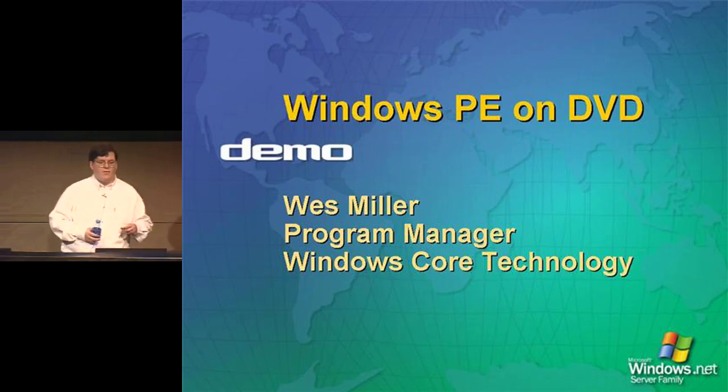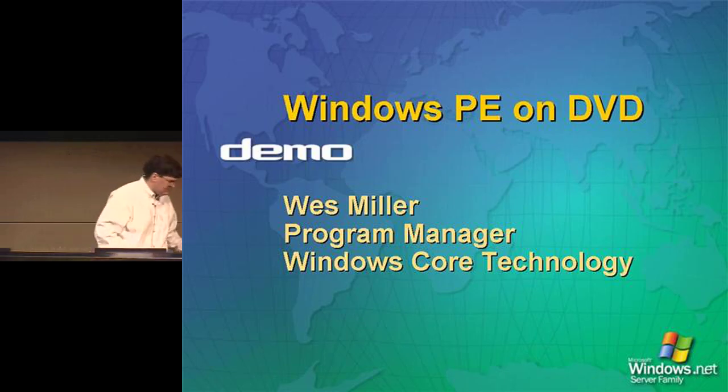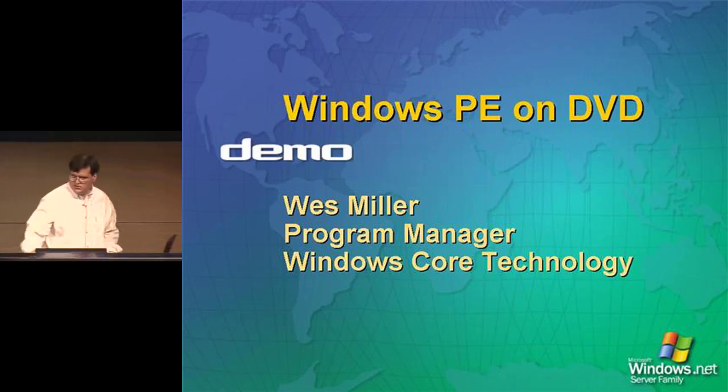So with that, I'll go ahead and I will demo WinPE, and it's actually booting off of a CD rather than a DVD. Let me shift over to a different machine here.